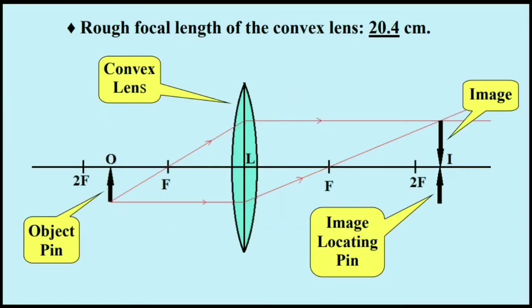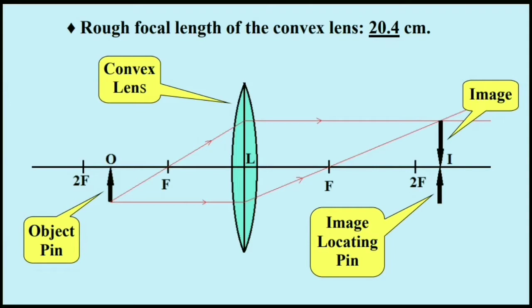Here is the ray diagram for the experiment, where the object pin is kept beyond focus of the lens to obtain real and inverted image of the object pin somewhere, and using image locating pin we find out the position of the inverted image obtained of the object pin.